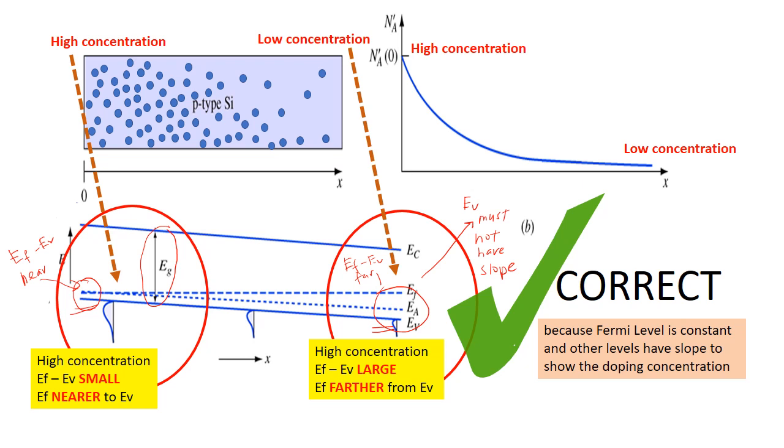Okay, jadi kecerunan EV mesti sama dengan kecerunan EC. Mesti juga sama dengan kecerunan EA. Selain daripada Fermi level, all other slopes are the same for each levels, right? So this is the correct way to draw your Fermi level if you have a non-homogeneous semiconductor.